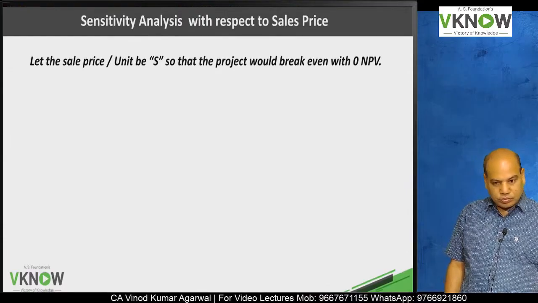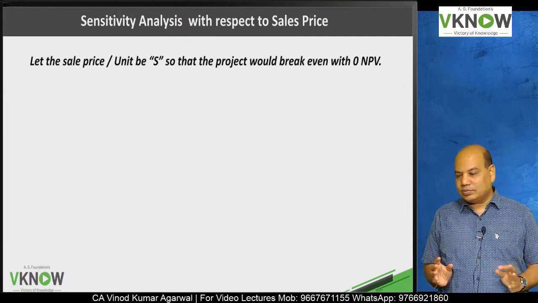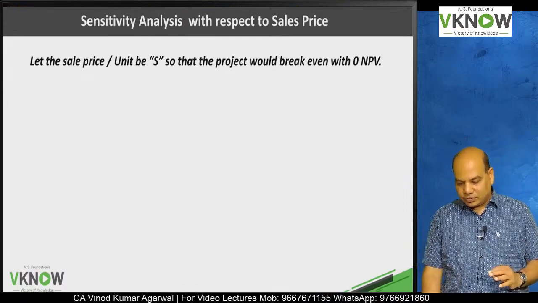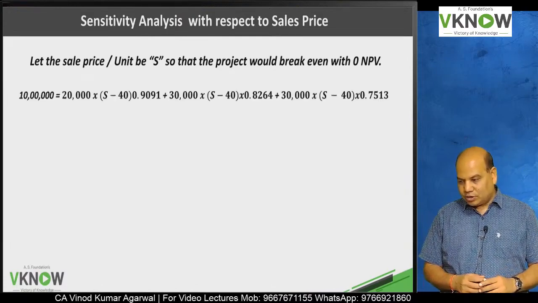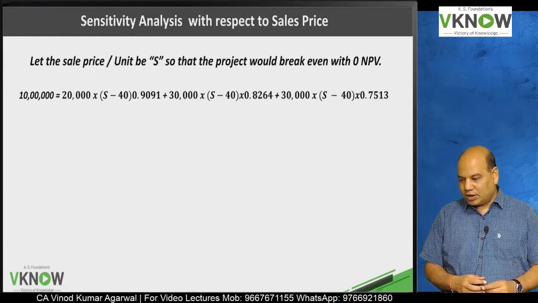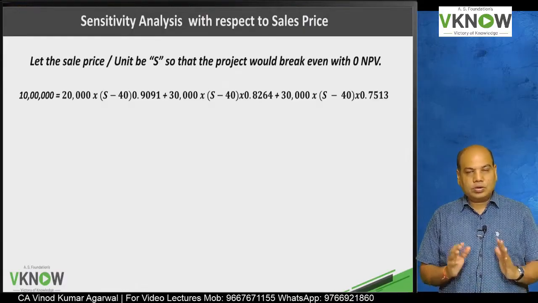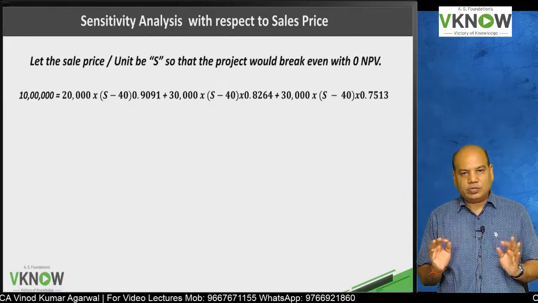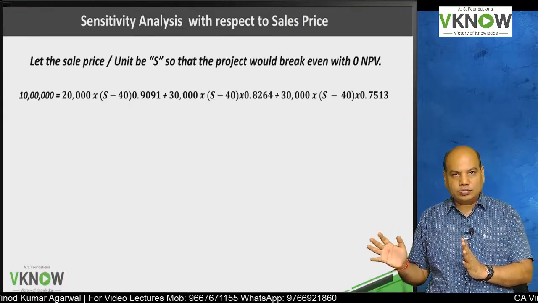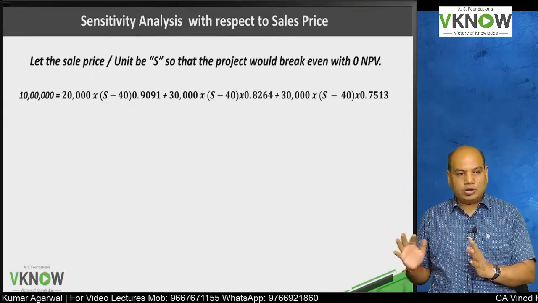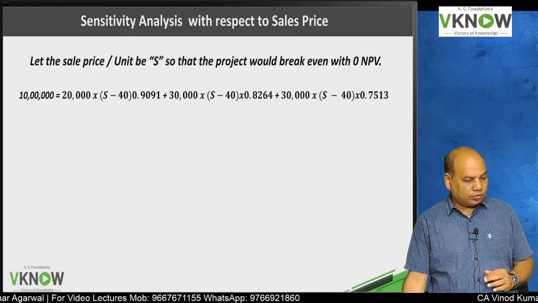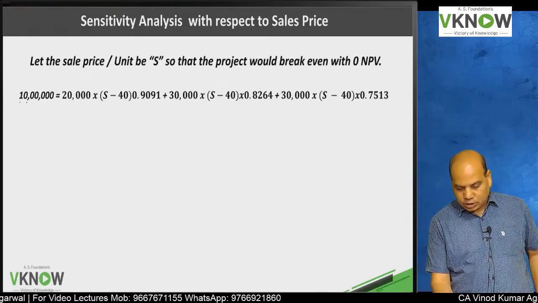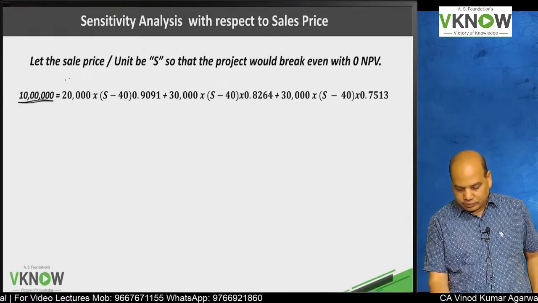You have to solve an equation. Okay. So write down the equation and I will explain the equation to you. Your NPV will be 0 when PV of cash inflow is equal to PV of cash outflow. My outflow is 10 lakh.